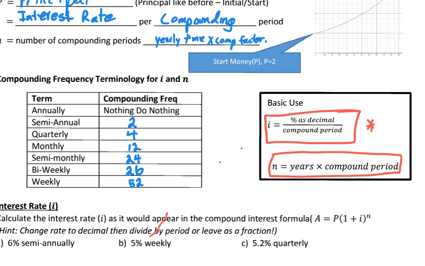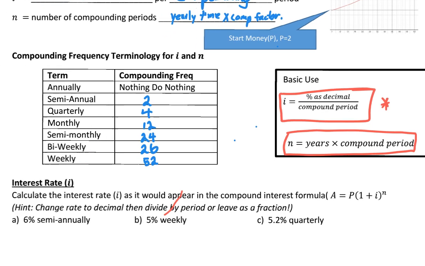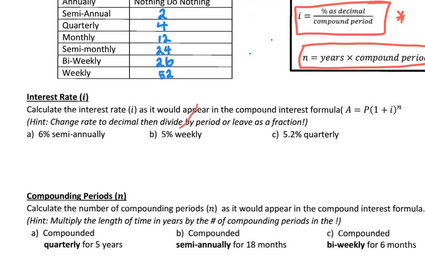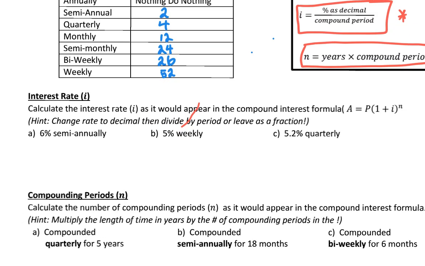Now, let's practice calculating the interest rate using the different terminology that we used before. Let's say I have something that is compounded semi-annually at 6%.